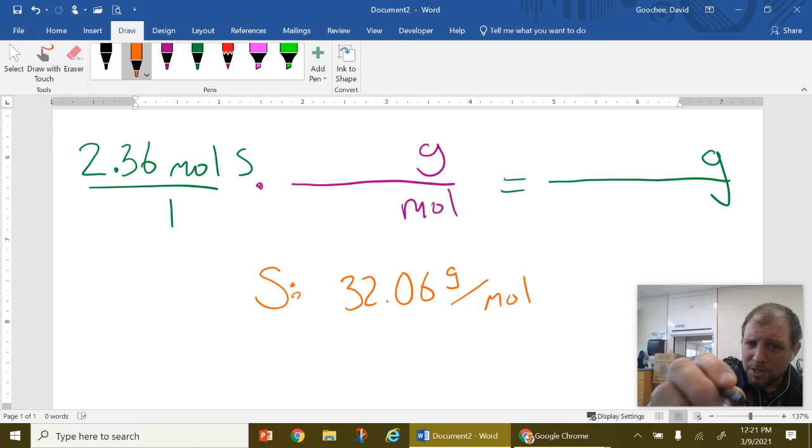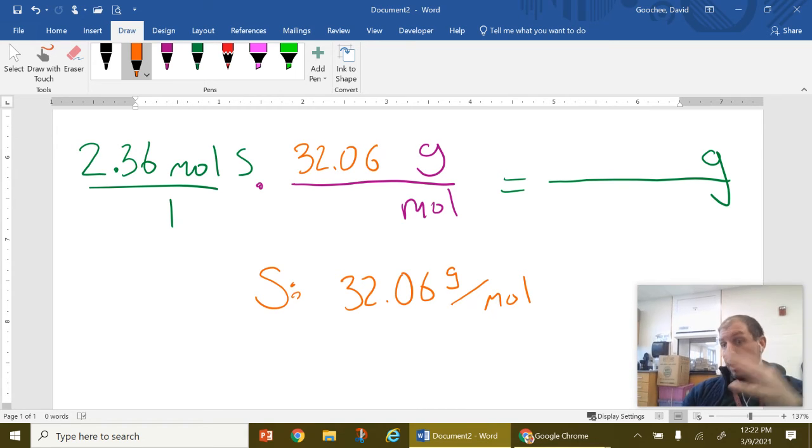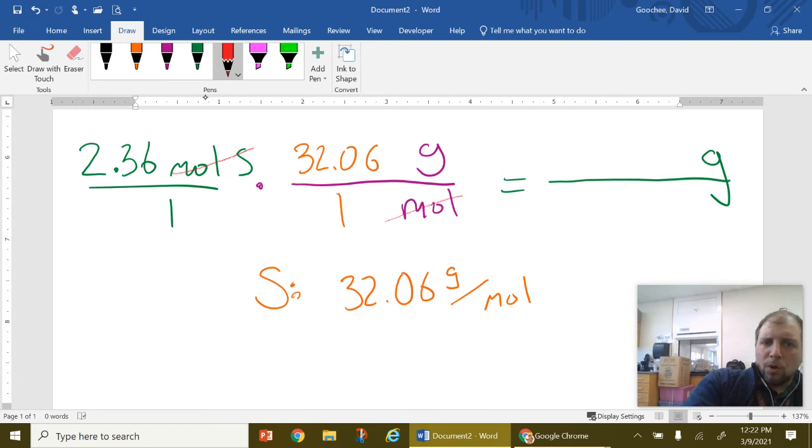So what numbers go where? Well, 32.06 goes on top because grams is on top. And because that's the weight of 1 mole, 1 mole goes on the bottom. So we cancel out the moles, and what we're doing here is we take the moles and multiply by that molar mass.